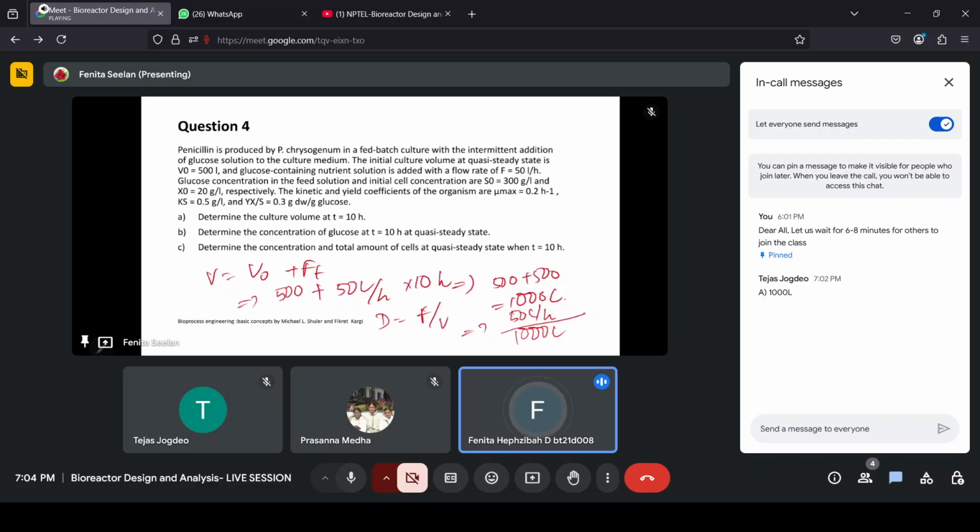The value of D is 50 by 1000, which is 0.05 per hour. So from here we know the value of D is 0.05 per hour.